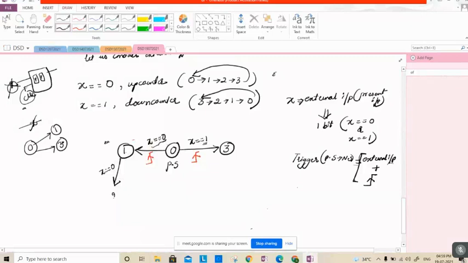So if present state is 1 and x is equal to 1, then 0. Okay, right. X is equal to 1, right. The present state is 3. If x is equal to 0, what will be my next state?